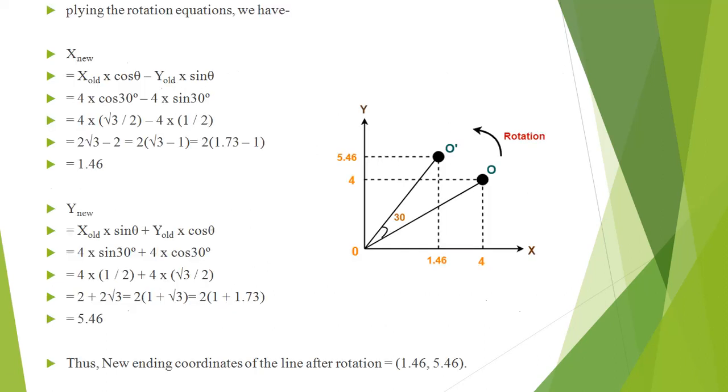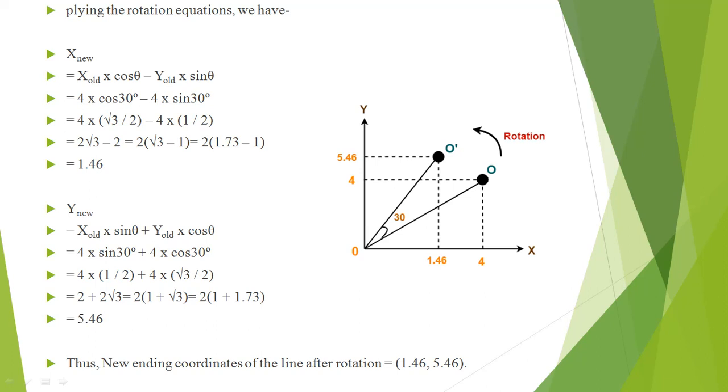Applying the rotation equation, x new equals x old into cos theta minus y old into sin theta. We already know the values of x old, y old and theta, so we put the values in the equation.